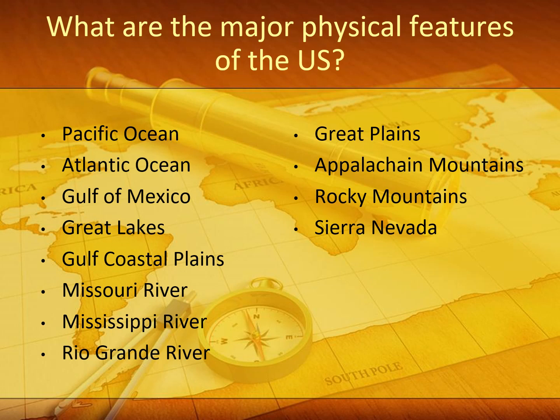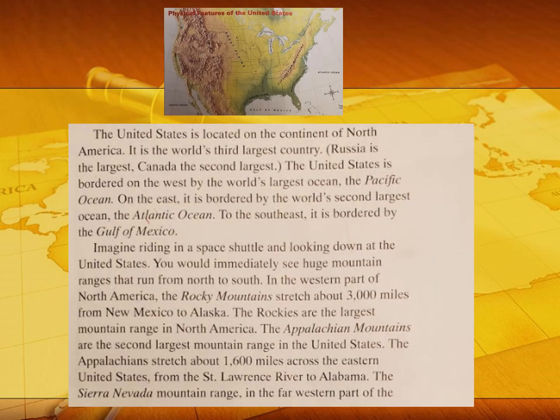We have the Gulf Coastal Plains, which I know you learned about in 4th grade, the Missouri River, the Mississippi River, the Rio Grande River, again, which you learned about in 4th grade, the Great Plains, again, you learned about in 4th grade, the Appalachian Mountains, the Rocky Mountains, and Sierra Nevada mountain range. So these are the most important physical features that we learn about in 5th grade U.S. geography.